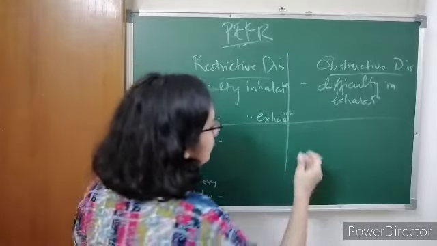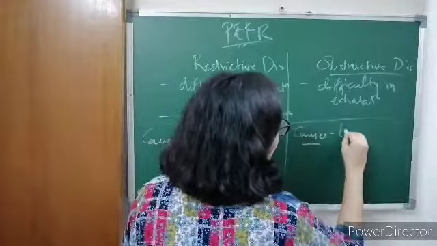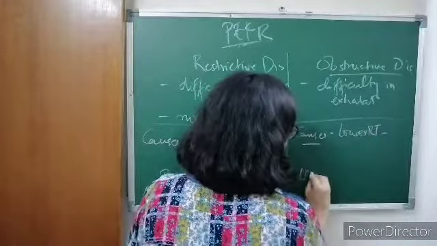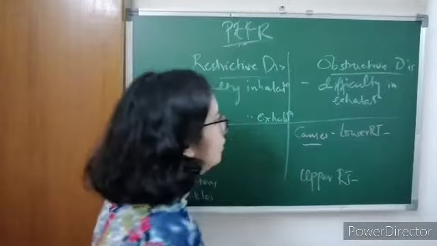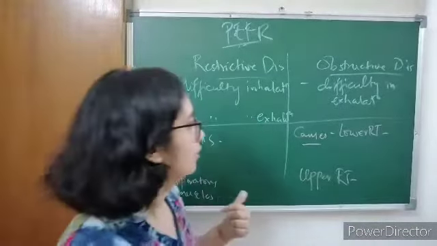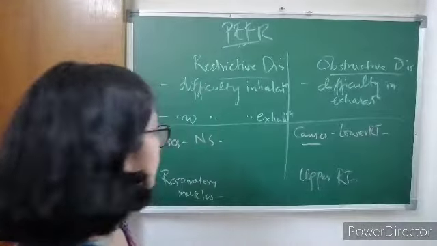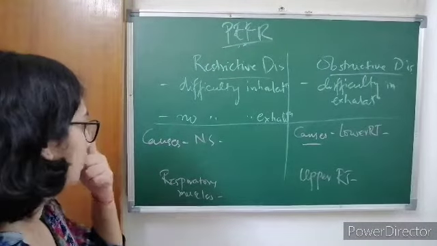While in obstructive disease, the causes are mainly due to the lower respiratory tract and the upper respiratory tract. So we divide the causes of obstructive as lower respiratory tract causes and upper respiratory tract causes.